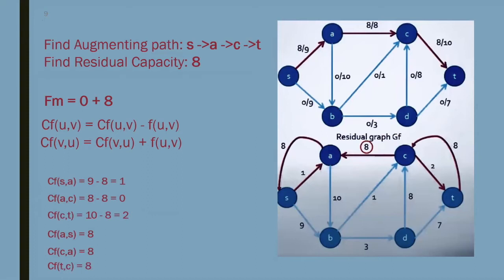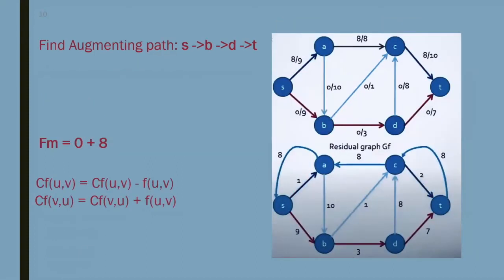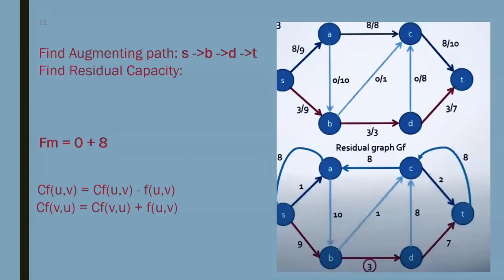And we go looking for another augmenting path, for example S B D T. Again we look in the residual graph for the residual capacity, which is 3, add it to the maximum flow and update the flow in the flow network.